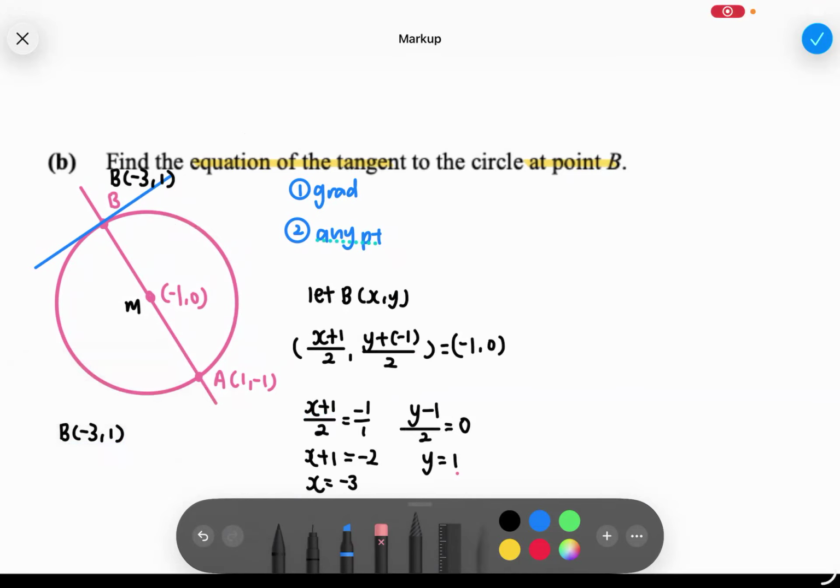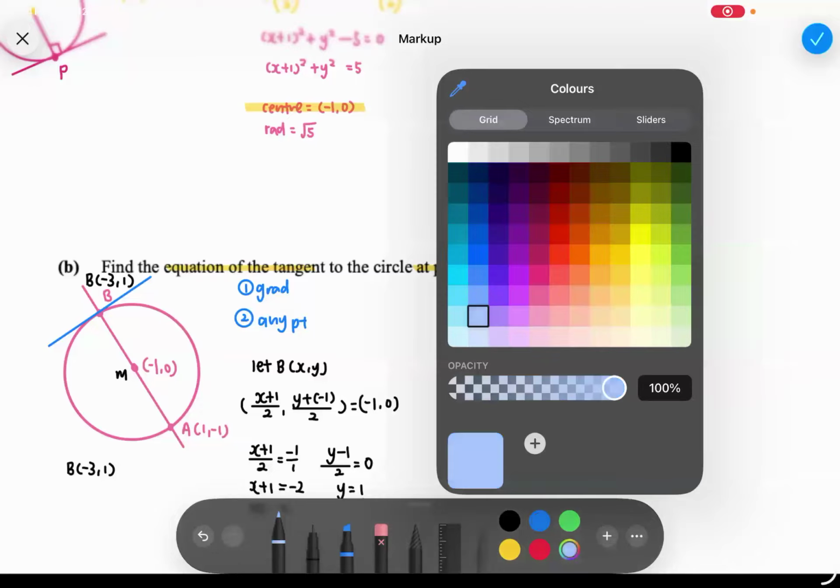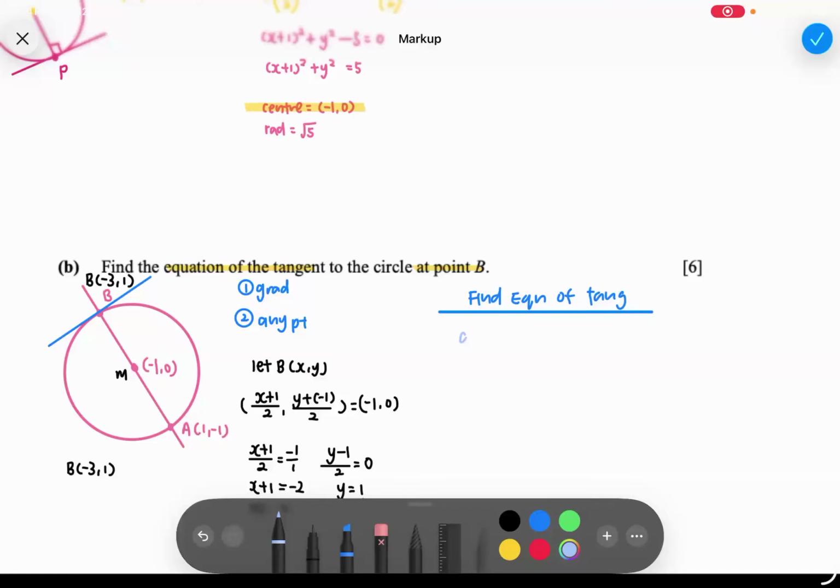This midpoint thing is actually from coordinate geometry, not from circles, but you're going to use them together. Now we're going to find the equation of the tangent, which is my blue line. We need to find the gradient first. To find the gradient, you can use any 2 points: M, B, or A, up to you.